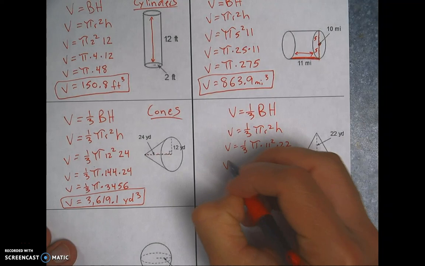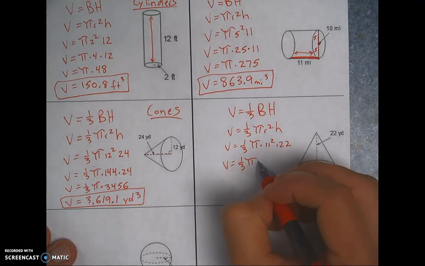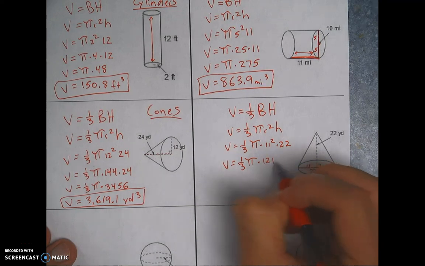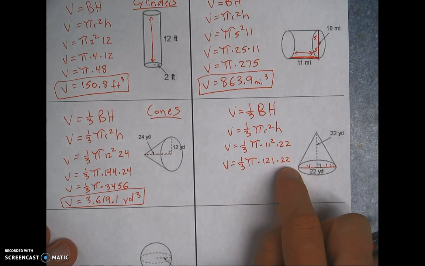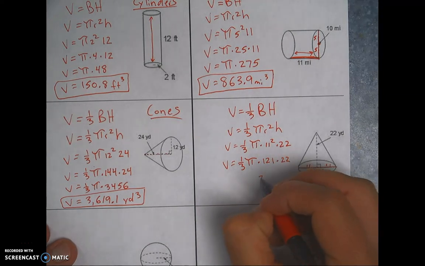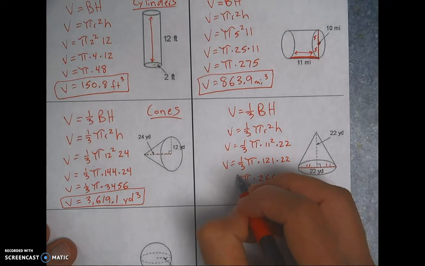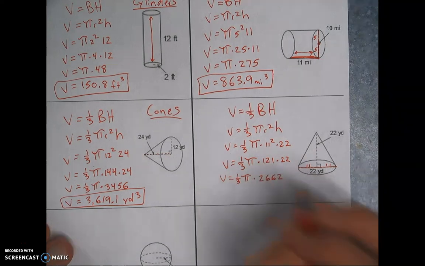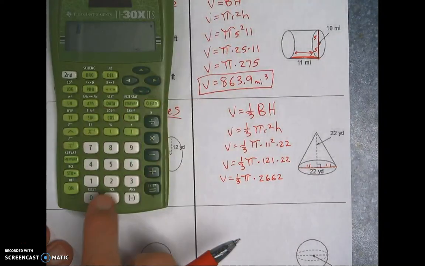Alright, let's run these numbers. So I'm going to leave the 1/3 and the pi alone, save those for last. 11 squared is 121, just 11 times 11. Once I've got that, I'm going to times that by 22, which comes to 2,662. At this point, I'm going to do the rest in the calculator. So I'm going to save the 1/3 for last.